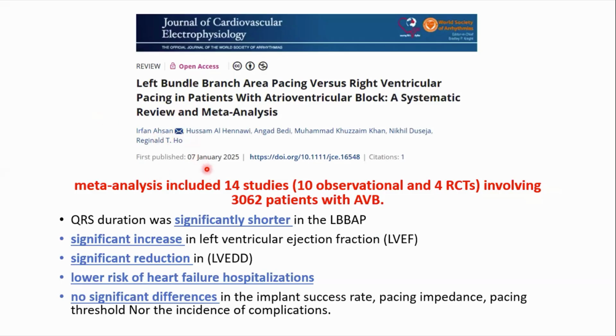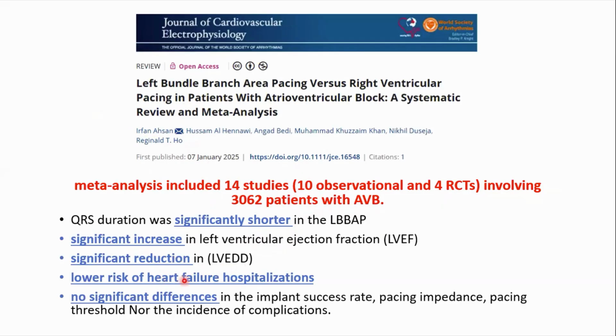In this meta-analysis that included 14 studies, 10 observational studies and 4 randomized controlled trials, including 3,062 patients with AV block, the QRS complex was significantly shorter, but this is not all the deal. There's a significant increase in the left ventricle ejection fraction, significant reduction in the LV end diastolic diameter.